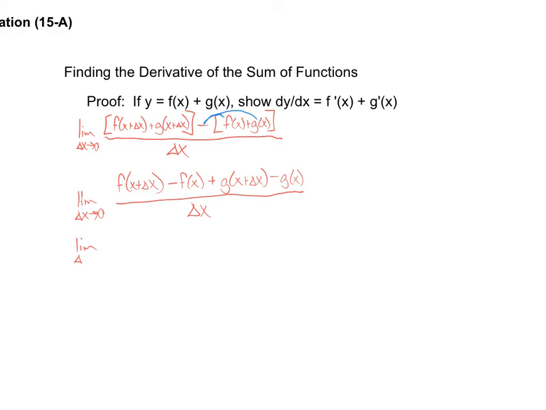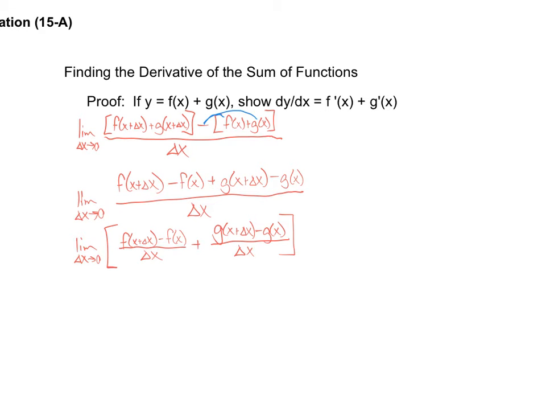The limit as delta x approaches 0 of f of x plus delta x minus f of x, over delta x, plus g of x plus delta x minus g of x all over delta x. And now we can use one of the properties that we learned earlier, and that is that the limit of a sum is the sum of the limits.